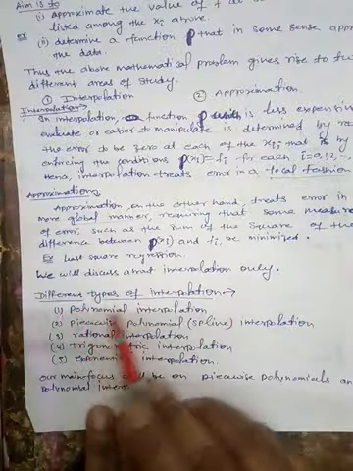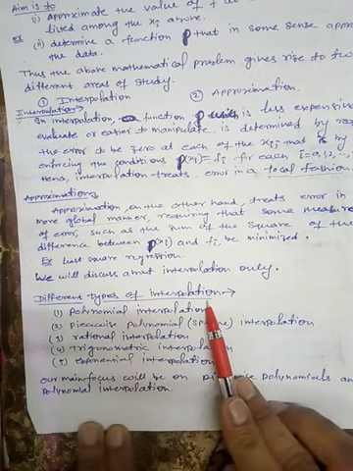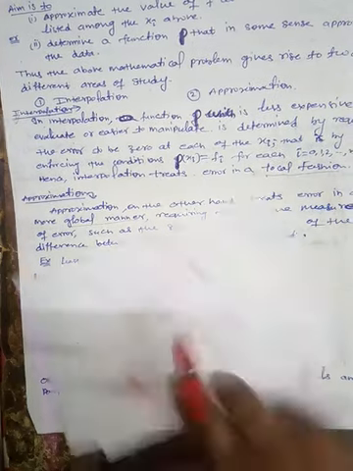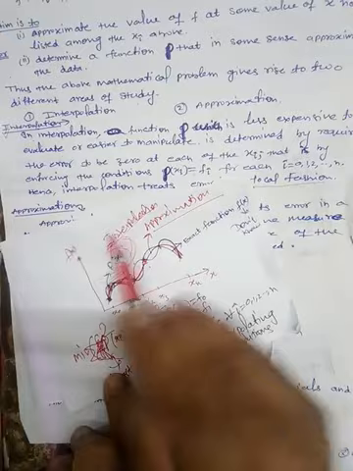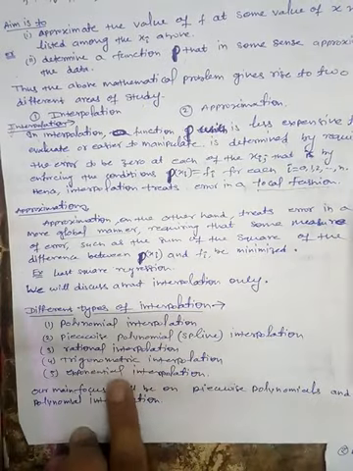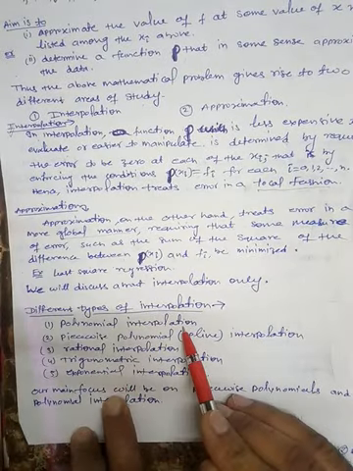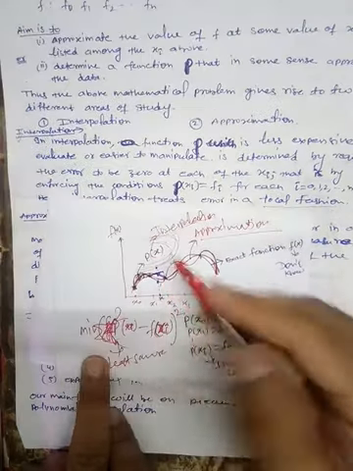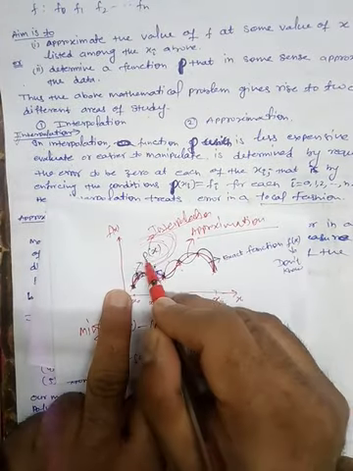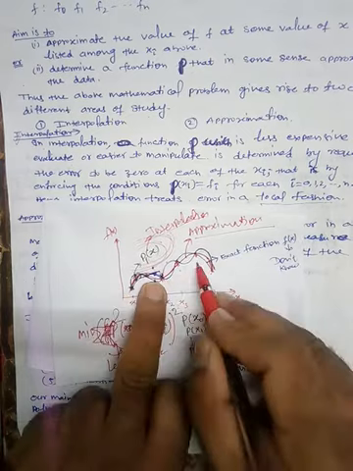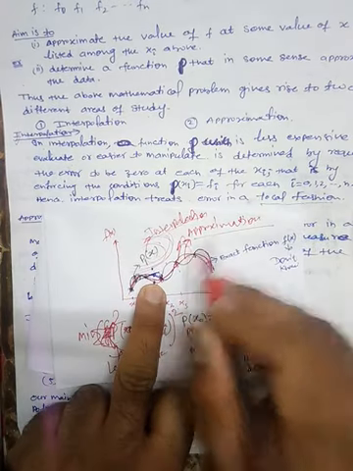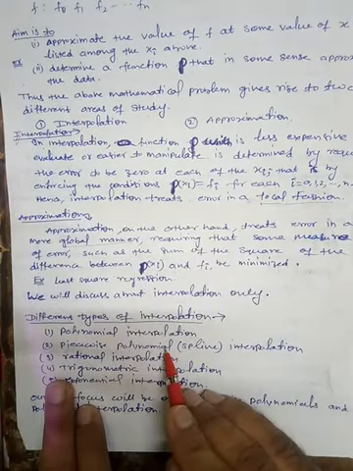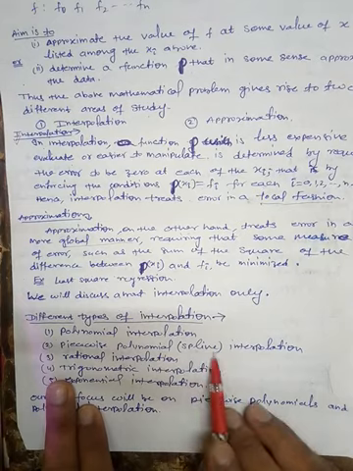So what are the different types of interpolation? If you take P as a polynomial, then we have polynomial interpolation. If you cover one part by one polynomial and another part by another polynomial, this is called piecewise polynomial or spline interpolation.